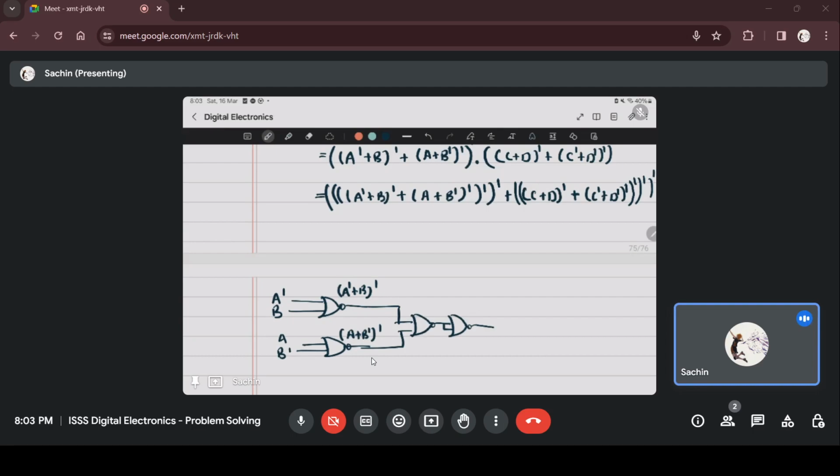So this will be ((a' + b)' + (a + b')')'.